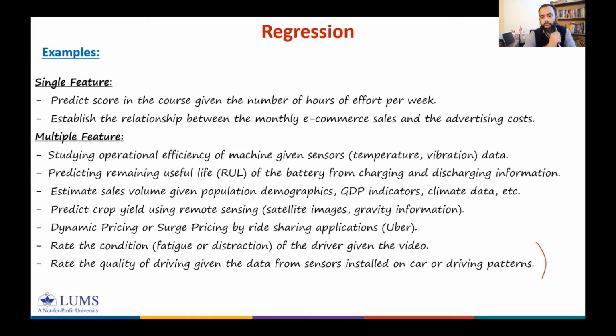They want to find out the fatigue level of the driver, and they want to find out the quality of driving, because this is very important for road safety. Okay, so these were a couple of examples showing the applications of regression in real life. Okay, let's move towards the formulation of the regression problem and how we set it up.